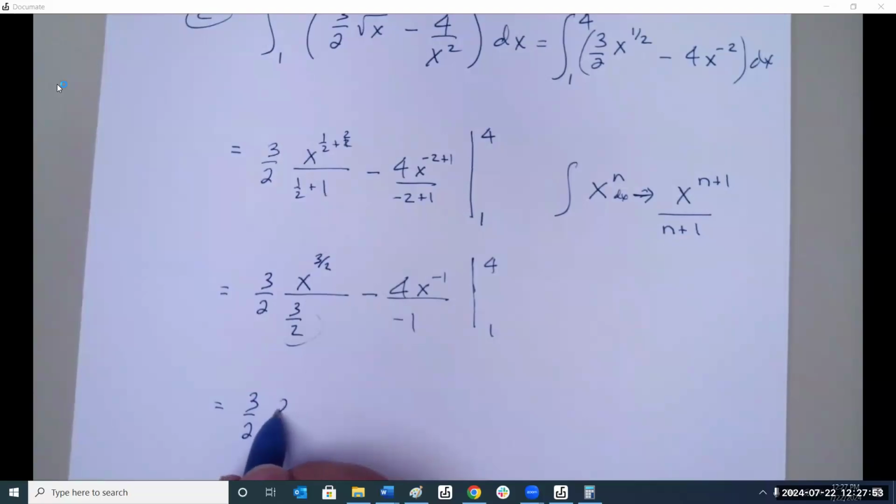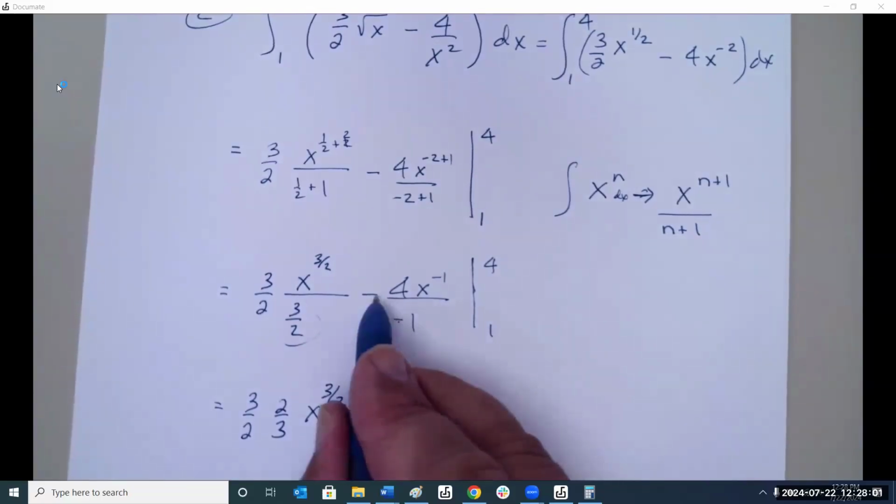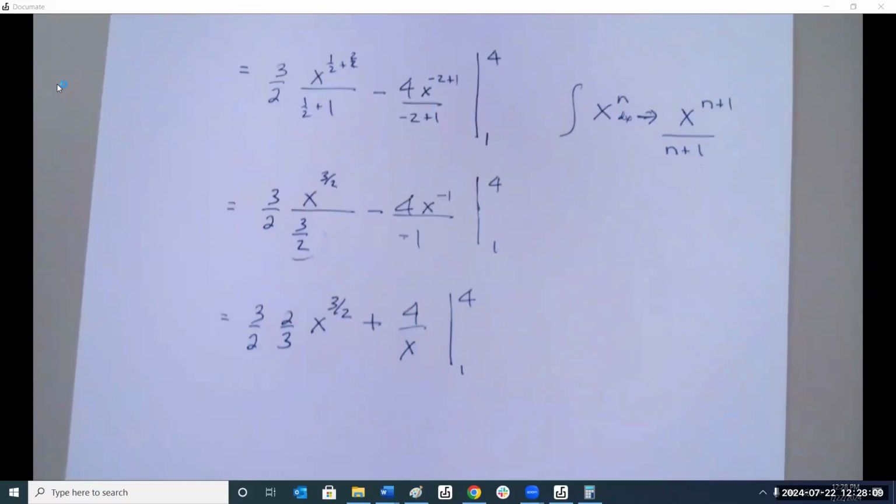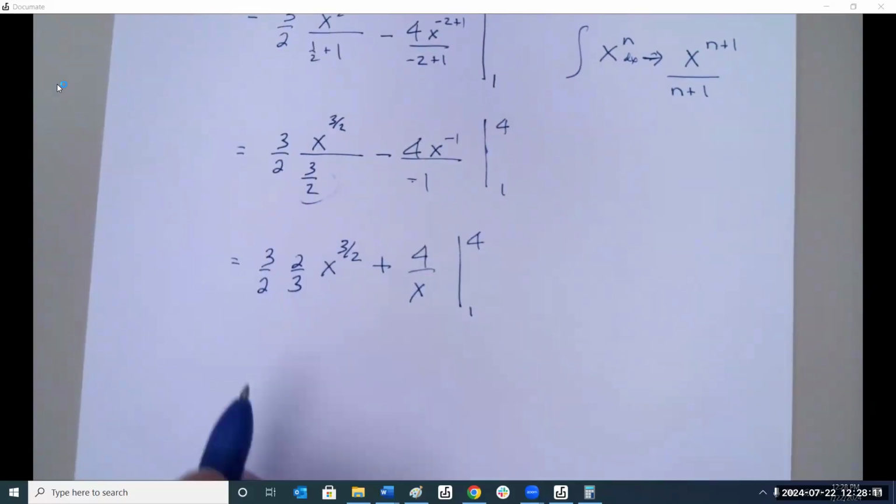Flip the bottom one and multiply it. That negative cancels, so it's 4/x. Those cancel.